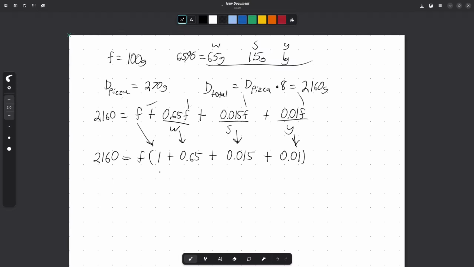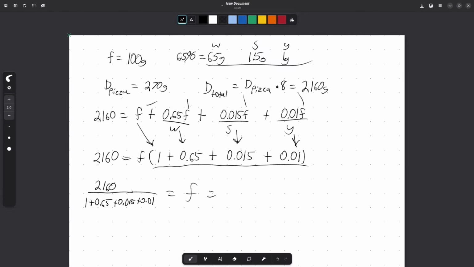This accounts for the entire weight of your dough. And of course, simple algebra at this point: you just do 2160 divided by 1 plus 0.65 plus 0.015 plus 0.01 equals F, which we can calculate right quick.